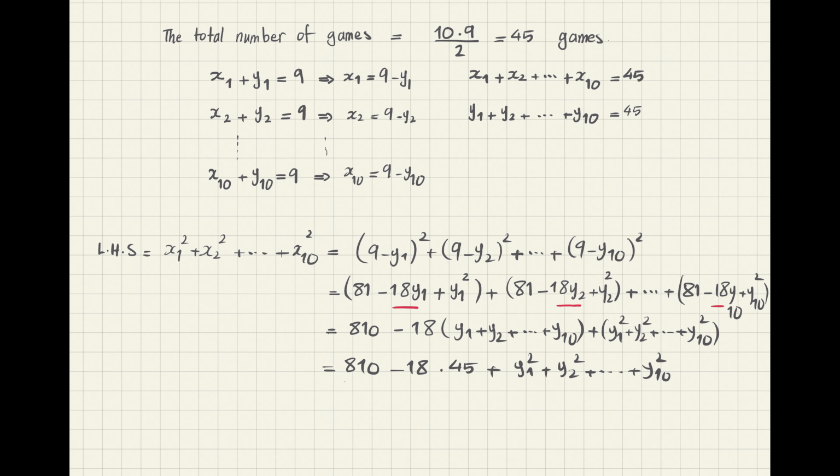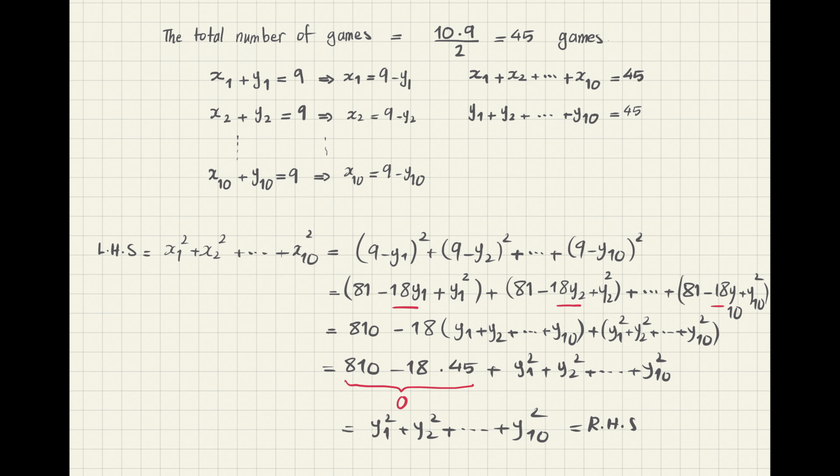But if you calculate, this number is equal to 0, because 18 times 45 becomes exactly equal to 810, and then this becomes 0, and what I get is just y1 squared plus y2 squared plus up to y sub 10 squared, and that is exactly equal to the right hand side. So, that was the proof of this equality.